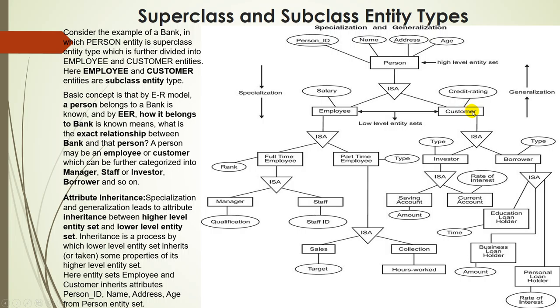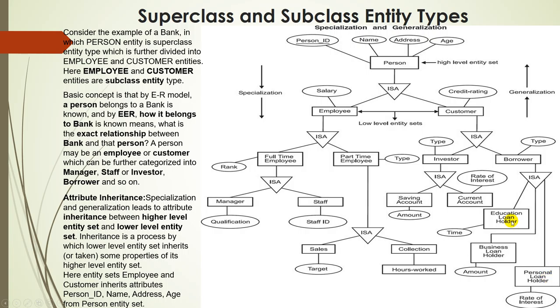Let's go back to the customer. We have two types of customer: investor and borrower. For investor, we have two types: saving account and current account. For borrower, we have three types: education loan, business loan, and personal loan.